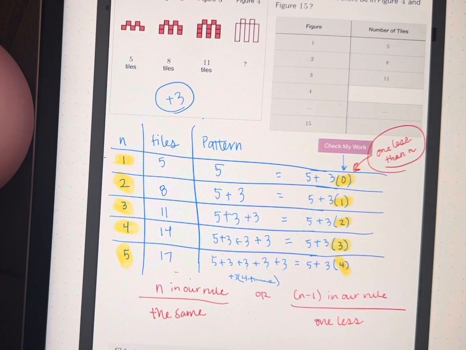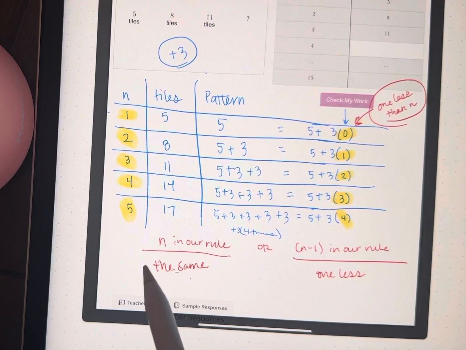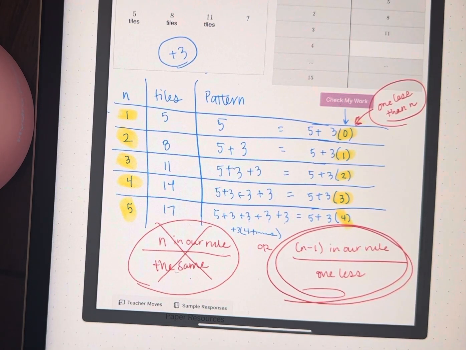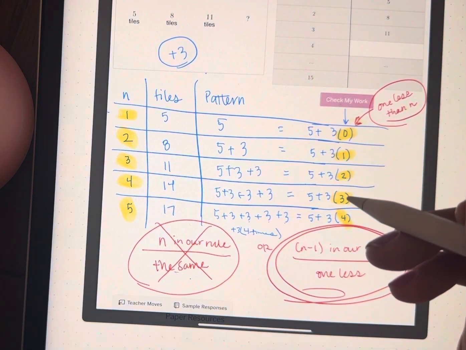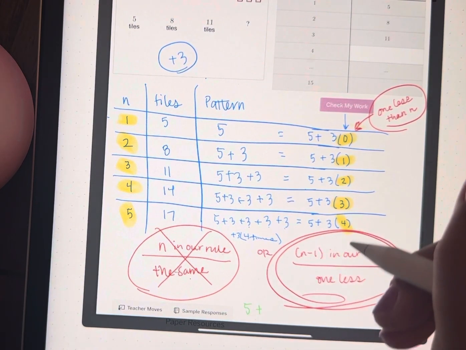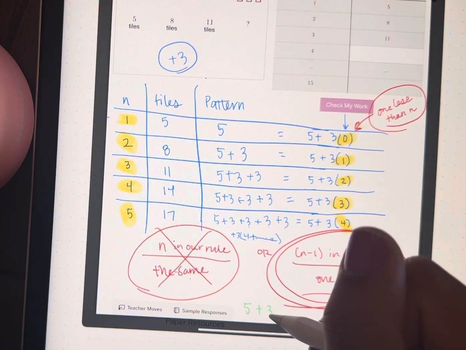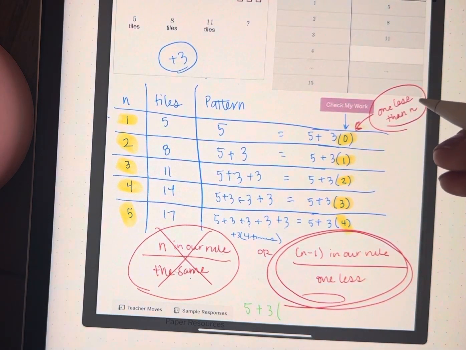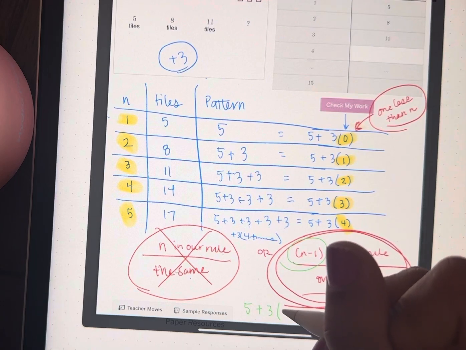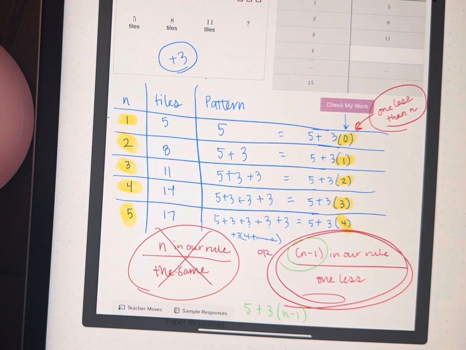And in this case, we are 1 less. So we are not going to use n this time. We're going to do this. So let's check out our rule. It's going to be 5 plus 3 times, we said 1 less is n minus 1. So n minus 1. That's it.